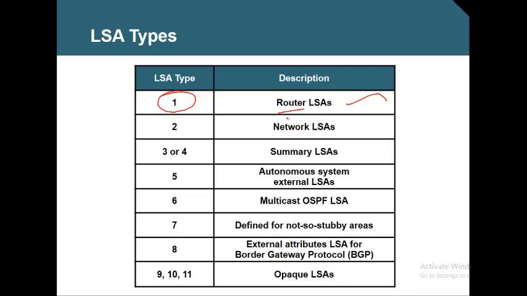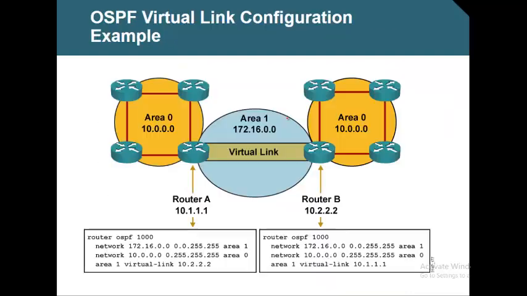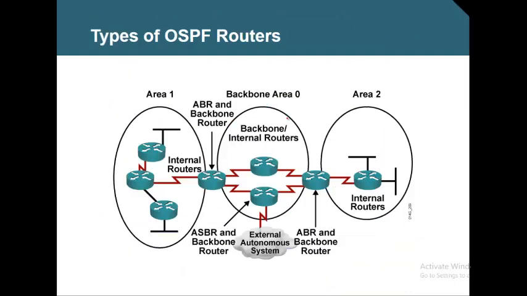The scope of the advertisement is within the area. Which means the advertisement that is going from here will go here, will go here, will go here, but it will not cross the boundary. It won't cross the border.